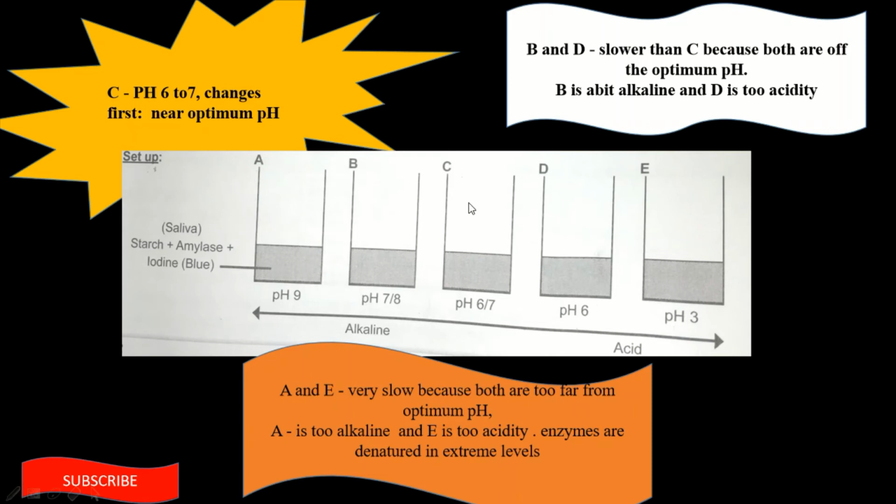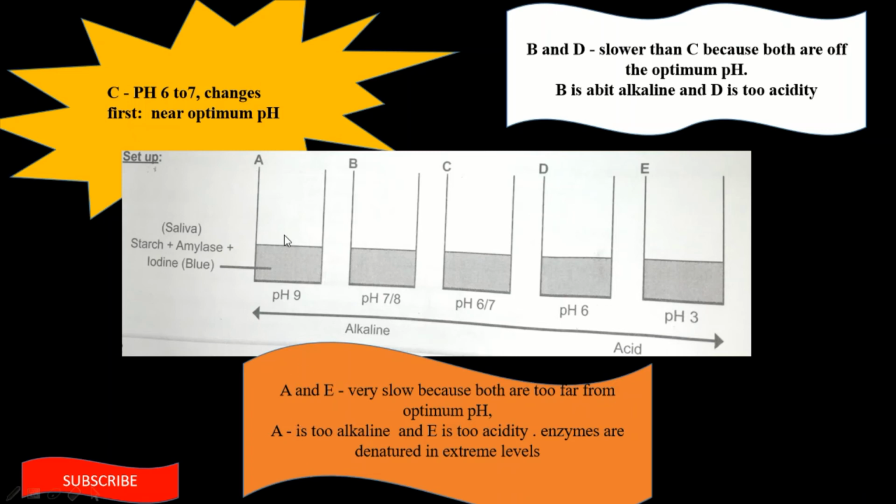Now, because they are far from the optimum pH of amylase, that means that your amylase will not be able to break down starch. Now, because your amylase is not able to break down starch, your iodine solution does not change color. That is to show that your starch is still present in your two test tubes, so your iodine remains blue.